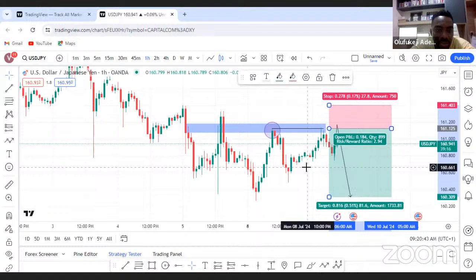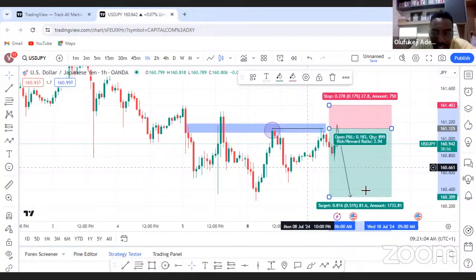A clean and clear scalp to break the low of yesterday's New York session, which is around 160.50 levels, or to break the low of yesterday and just come back down. So those are basically the trades that I'm looking at.